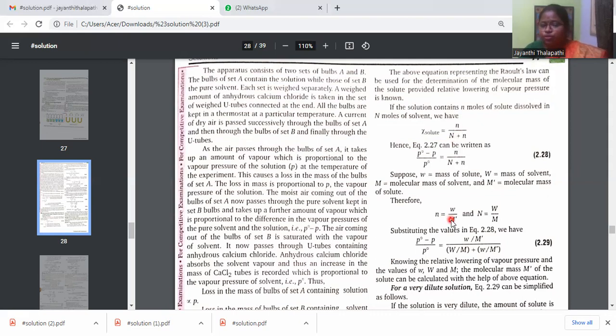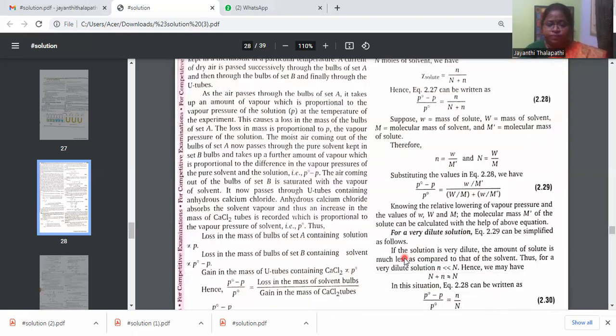Which means n is equal to w by M, and N is equal to capital W by capital M dash. So over here, that is what we just substituted. Small n is w by M, and capital N is mass of solvent by molecular mass of solvent, and small n denotes the moles of solute. Okay, so we just substituted this.